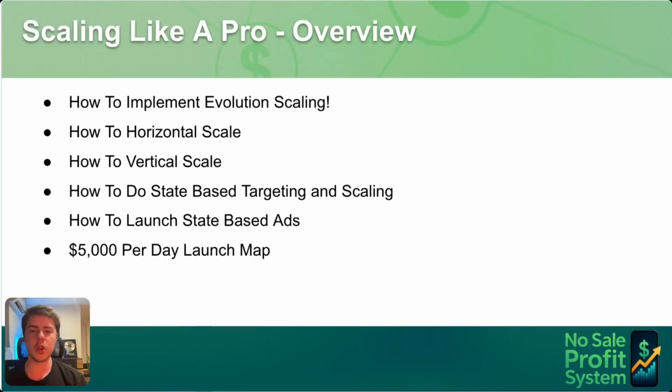So in this module, you guys are going to learn exactly how to implement evolution scaling. So you guys have already learned what the evolution method is. And now Antonio is going to have a video showing you how to implement the evolution method while you're scaling. So this is, in a sense, pretty simple because you're just following the evolution method.